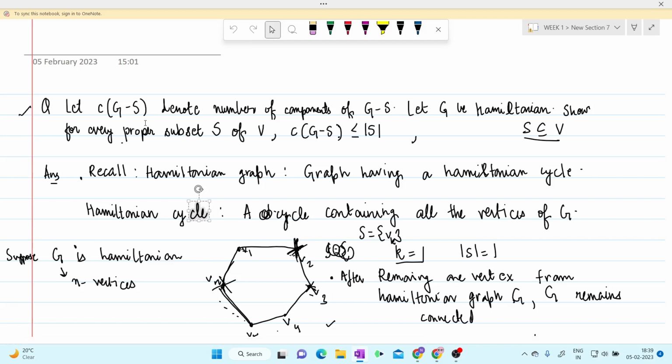So this is a necessary condition because it is true for all Hamiltonian graphs.